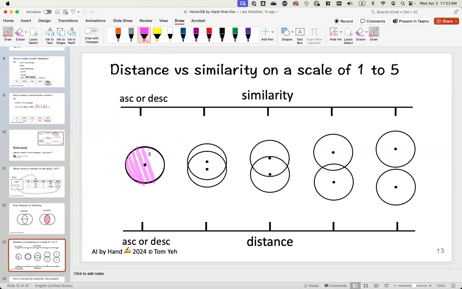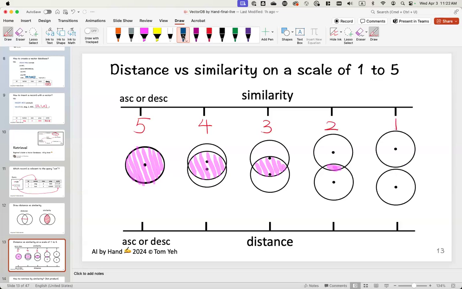In the first one, I color the whole thing, since the two circles are fully overlapping. In the second one, the overlap gets slightly smaller, but still big. Then this overlap and this overlap, and at the end there is no overlap. On a scale of 1 to 5 for similarity, the first one has the biggest overlap, so it's 5. Similarly for 4, 3, 2, 1, it goes this way.